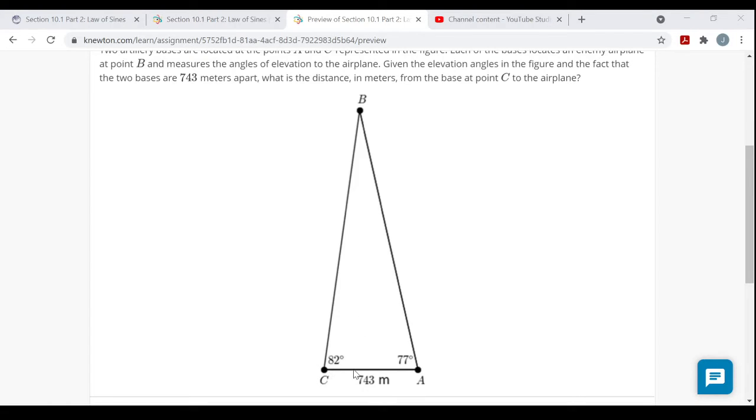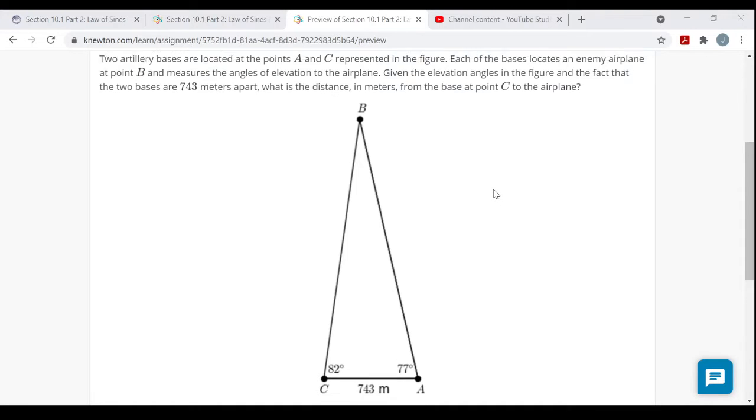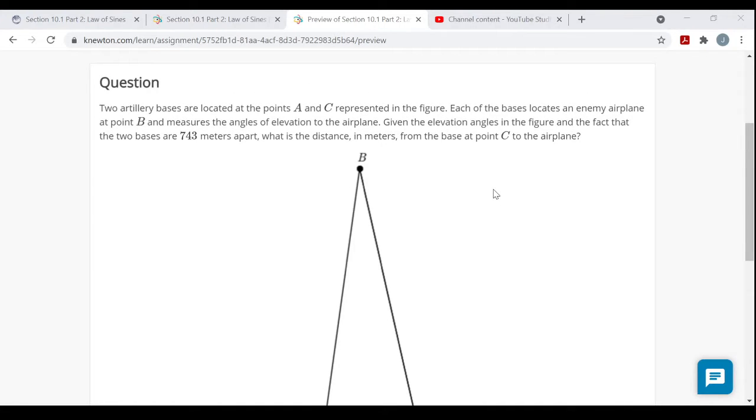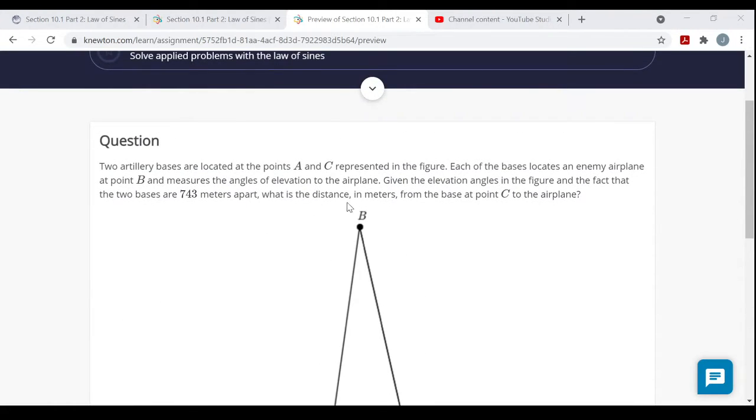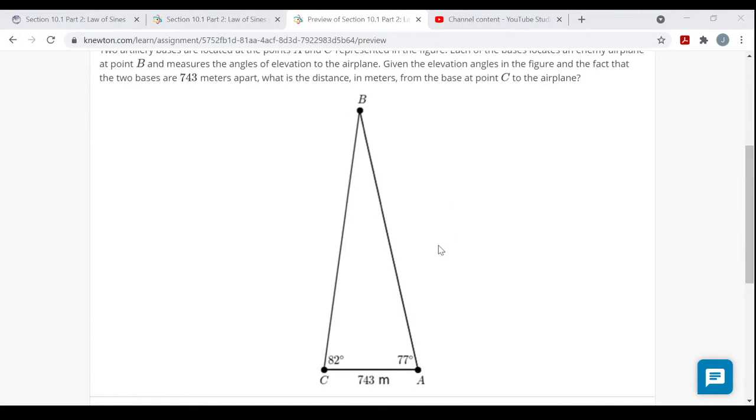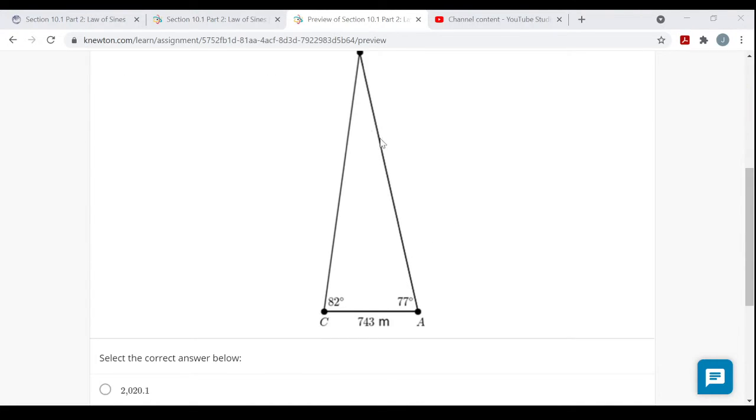From base C, they have to look up 82 degrees, tilt their head up 82 degrees to see the plane at that same spot. So given the elevation angles in the figure and the fact that the two bases are 743 meters apart, what is the distance in meters from the base at point C to the airplane?